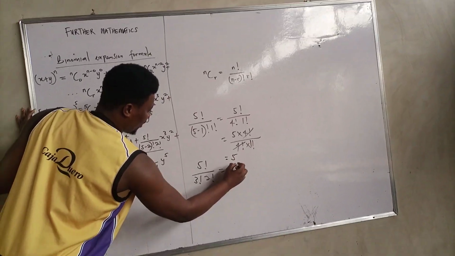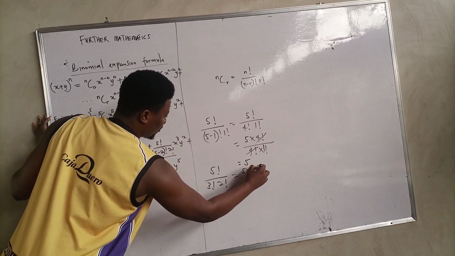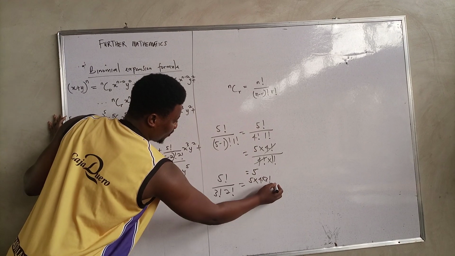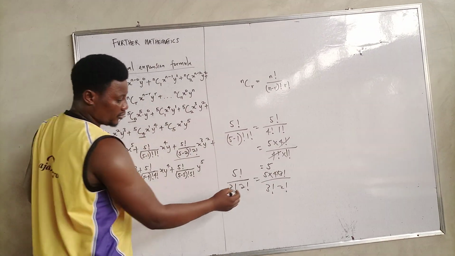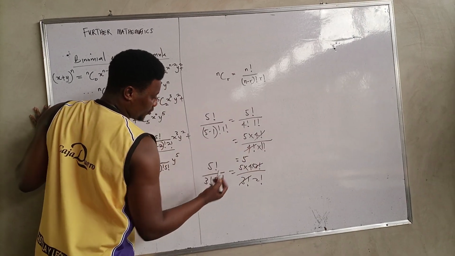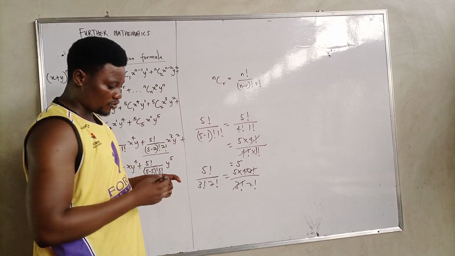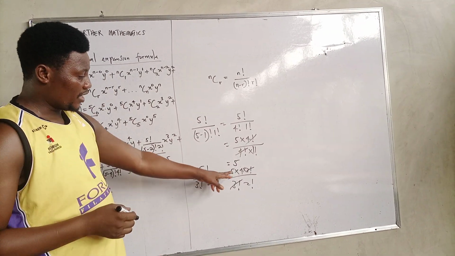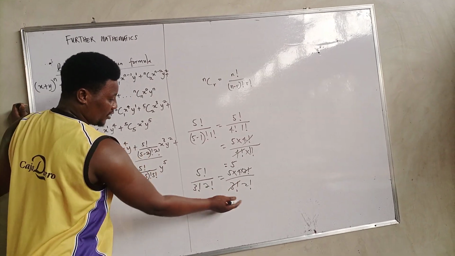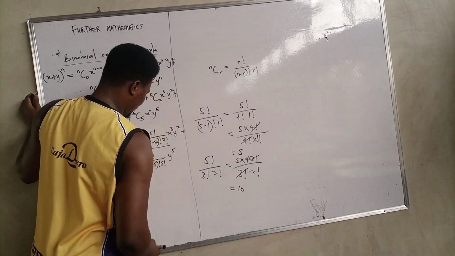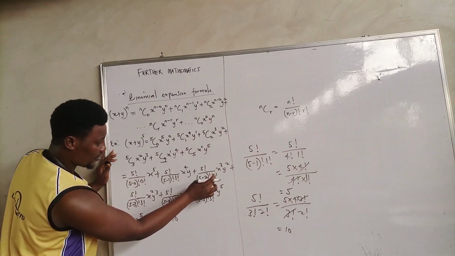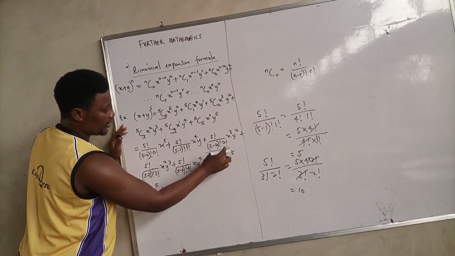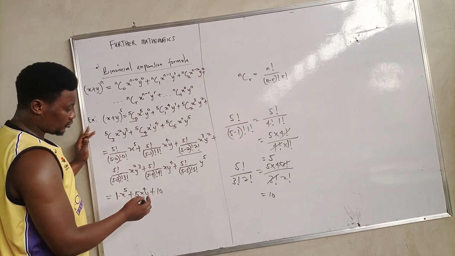We have 5 times 4 times 3 factorial over 3 factorial, 2 factorial. So 3 factorial will cancel out 3 factorial. 2 factorial is 2 times 1, which is 2. 5 times 4 is 20, divided by 2, we have 10. So we have 10 for this 5 factorial divided by 5 minus 2 factorial, 2 factorial.